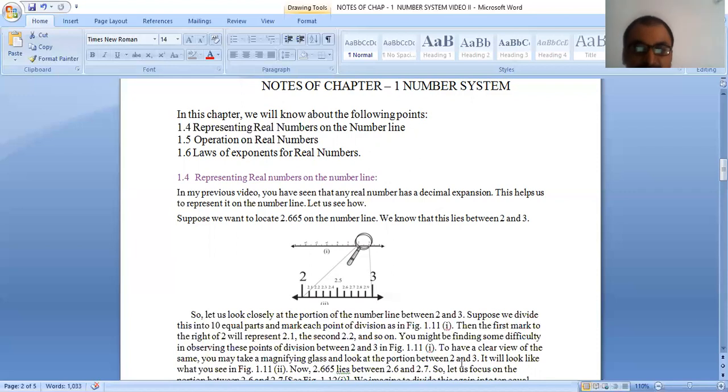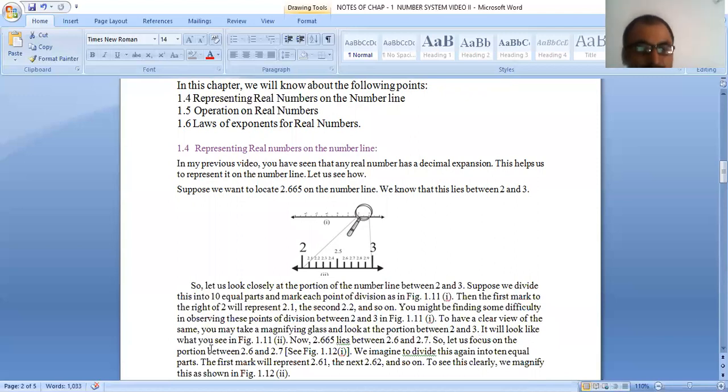It will look like what you see in the figure. Now 2.665 lies between 2.6 and 2.7. We have to search for 2.665 between these numbers. So we have found from the figure that 2.665 lies between 2.6 and 2.7.